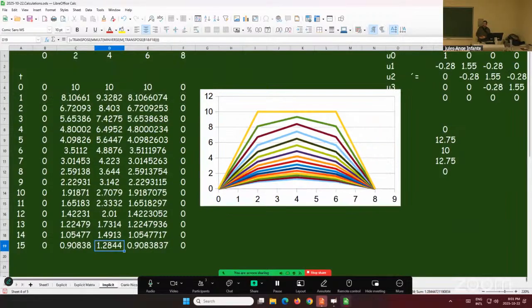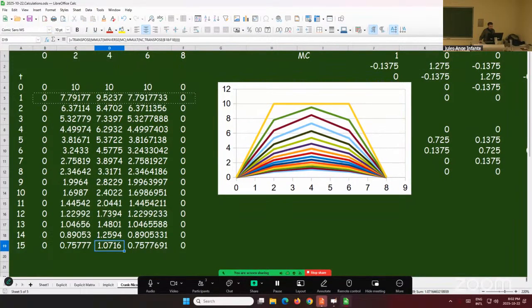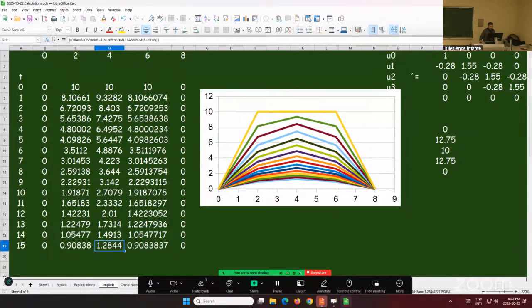Okay? It's essentially an average of the other two methods. At every point in time, if we look at the Crank-Nicholson, we'll go a little bit more like the average of the other two.